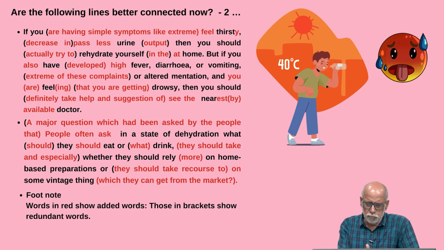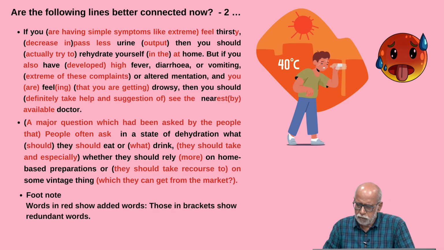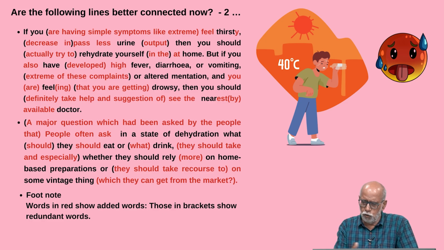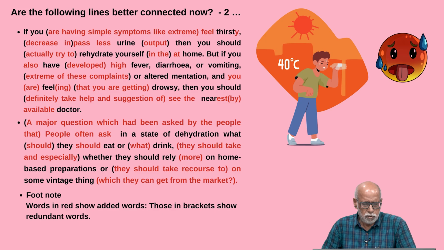Okay. Similarly, when you say they should eat or drink, whether they should rely, then you don't need "more", because if you say more, then you need "than". Whether they should rely on home based preparations or on, no need for all this. Or they should take recourse to, no, or on.